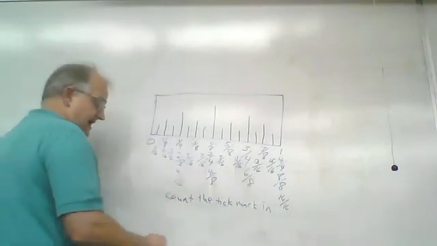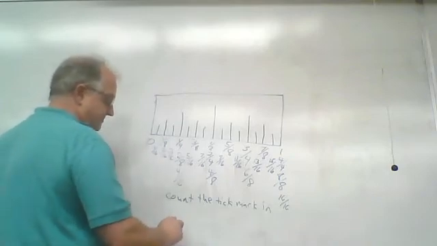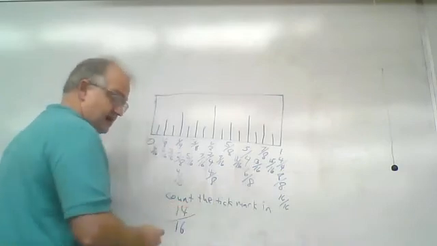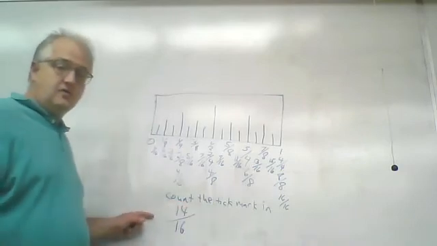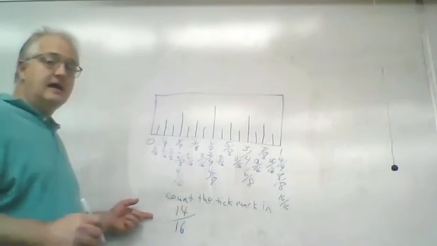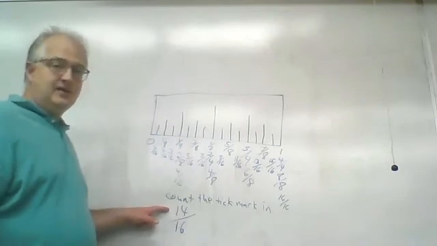Now, on the other hand, let's say I have something like 14/16. Here's a quick way to know, do I need to reduce this? If you have an even number in the numerator, then you need to reduce it.